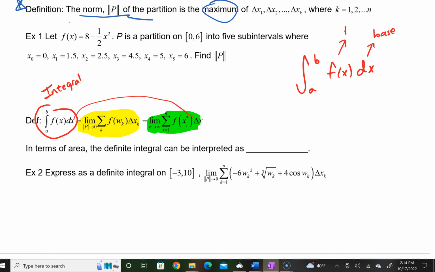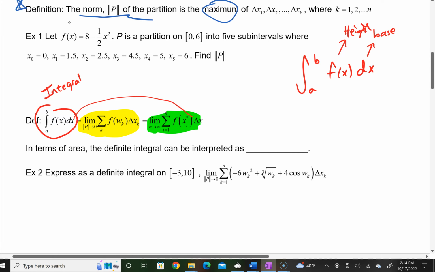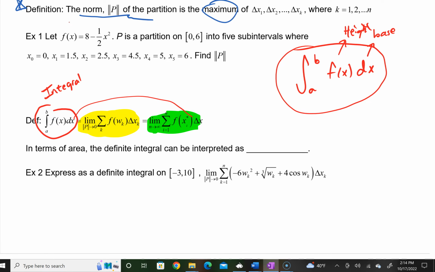F of x would be your height. And we'd have a starting x value and an ending x value. That would define your subinterval. So, wow, we look at this. This right here is a way to measure not just an approximation of your area, but the real thing.